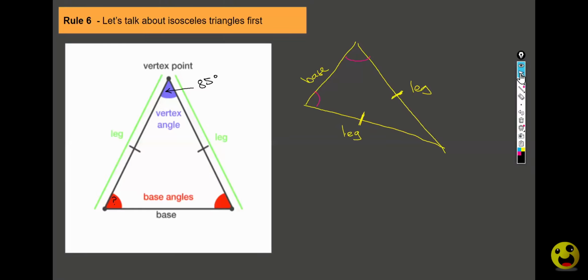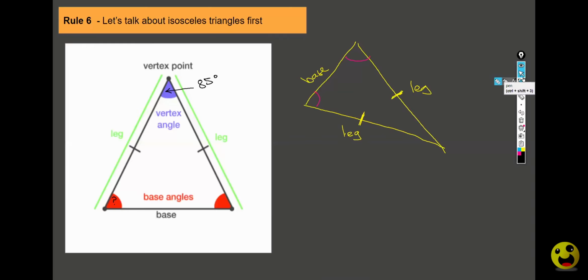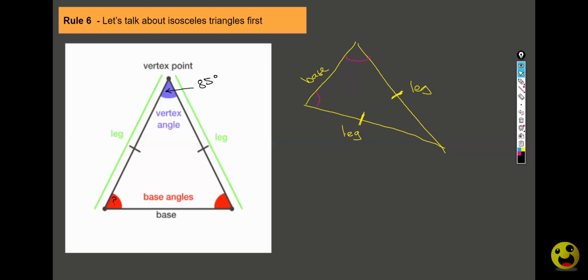I'm giving you the vertex angle as 85. I want the value of one of the base angles. Remember, base angles, the ones touching the base, are always equal in value, right?